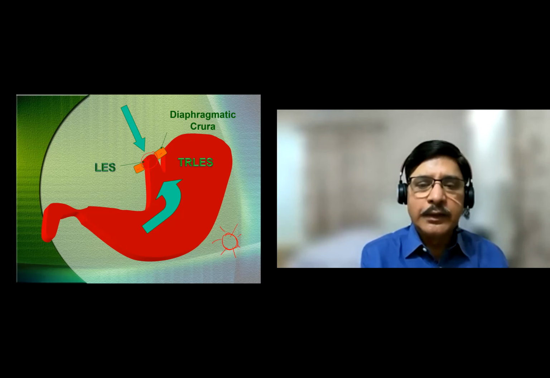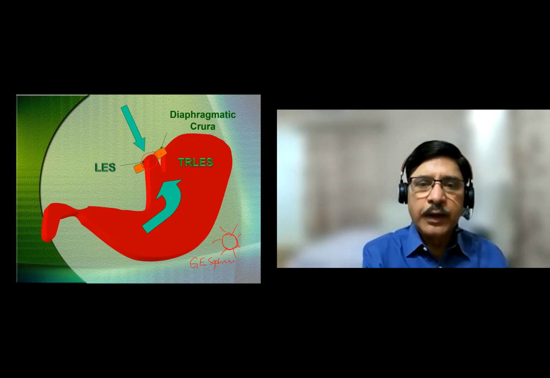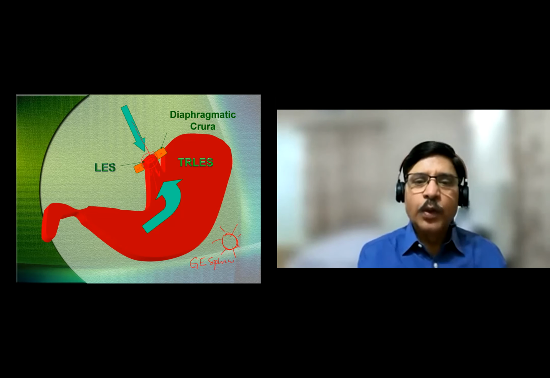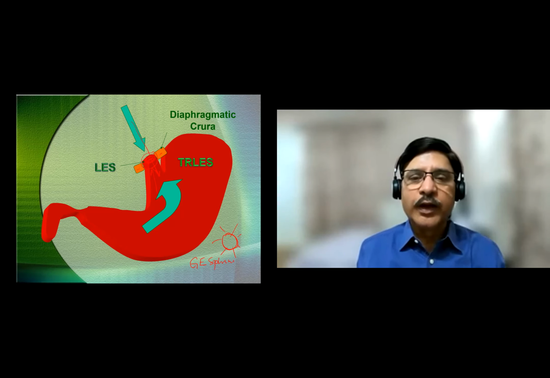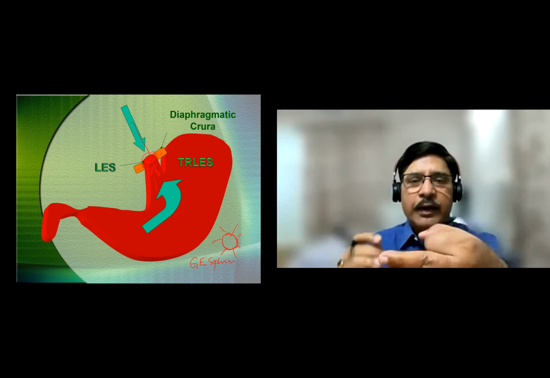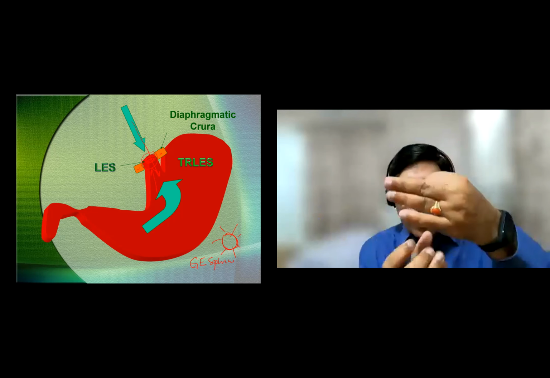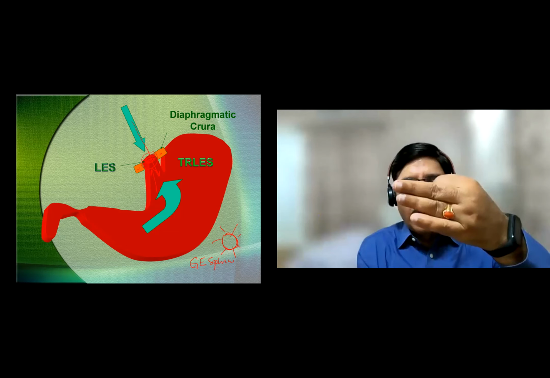And there is a gastroesophageal sphincter. This sphincter controls the movement of food in one direction. It does not allow the stomach contents to go back into the esophagus normally. The sphincter allows food passage from the esophagus down into the stomach and not regurgitate back.